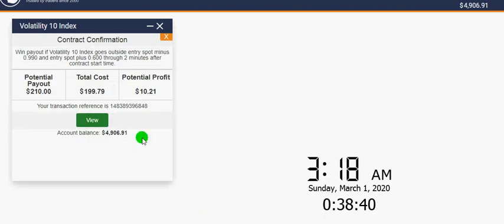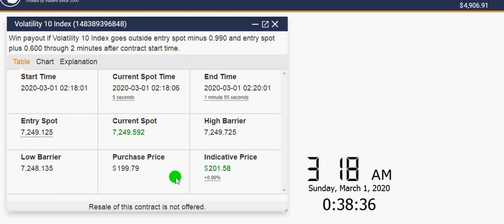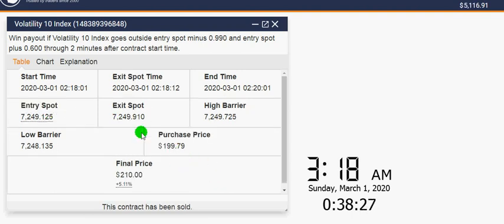Okay, and we click on view right there. In fact, we are closed already. These are entry spots, 249,125. We've already won that trade.